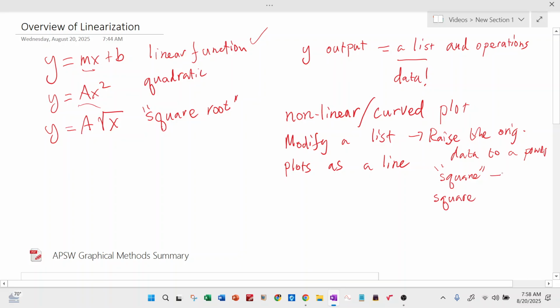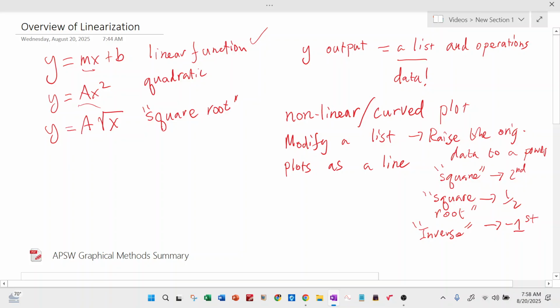That's the 1/2 power, sorry, I said the second power. Or inverse. Take the inverse of the data. So that's the -1 power. Those are the kinds of things you're going to be doing to the data.